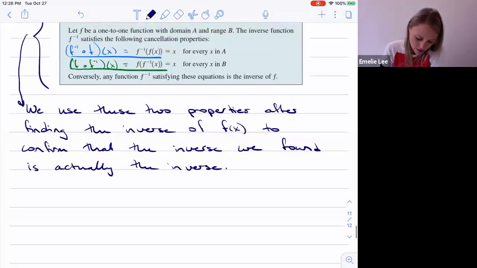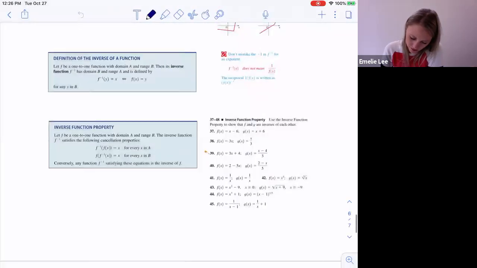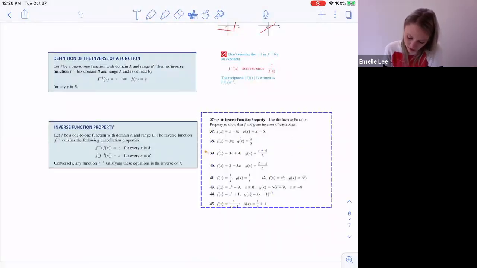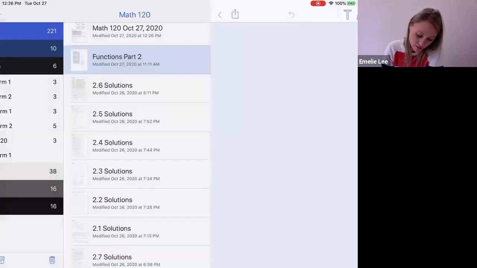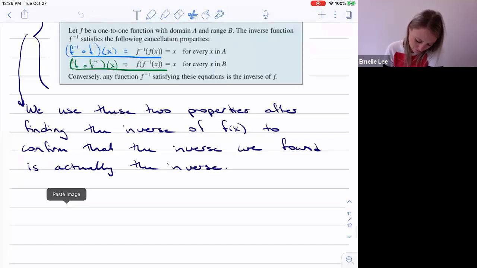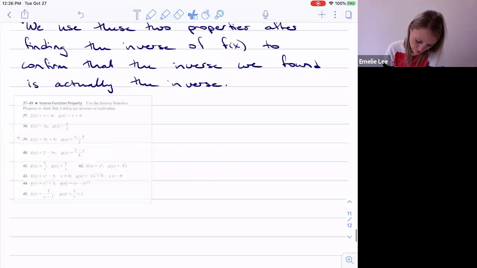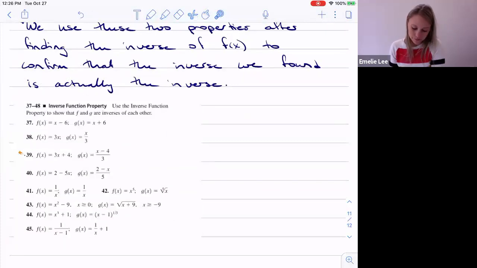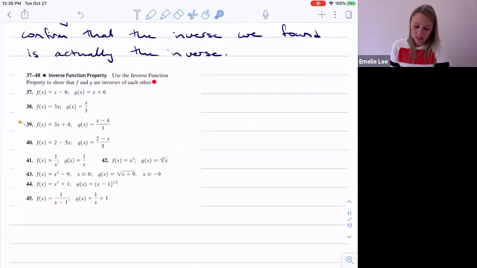So to start, we have some functions where we're told that these are inverses of each other. Use the inverse function property to show that f and g are inverses of each other.